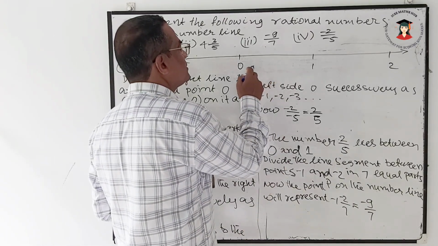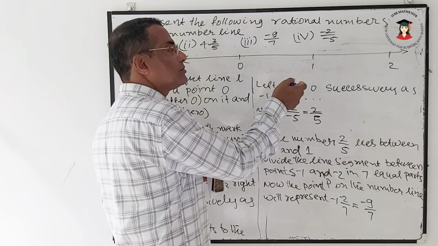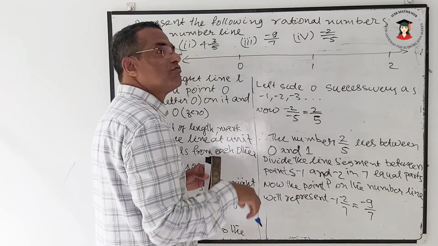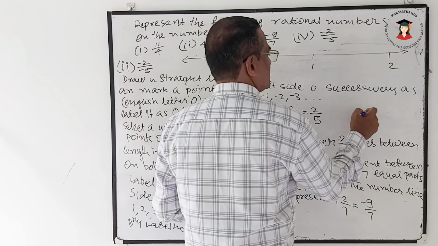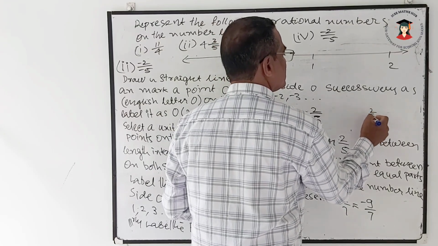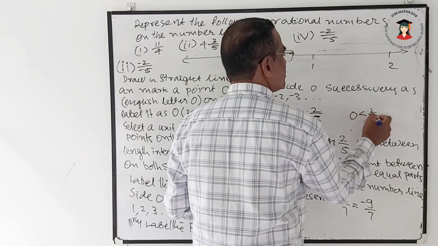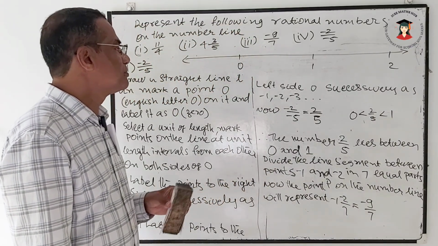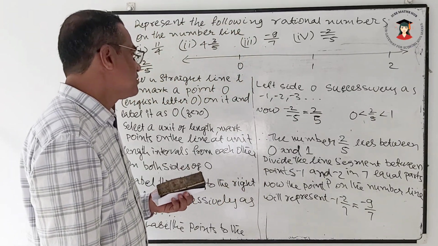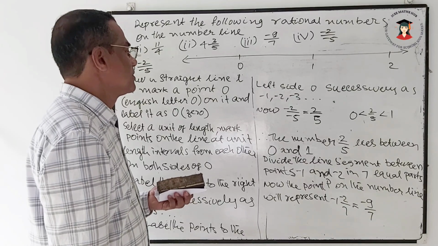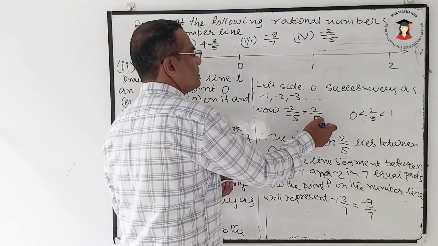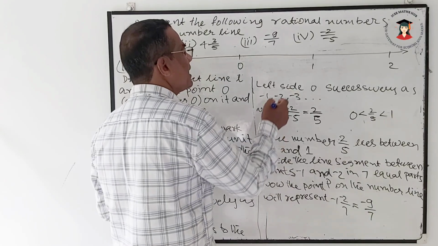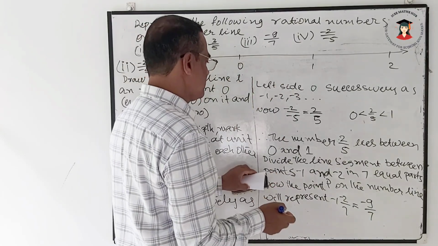That means it is greater than 0. At the same time it is less than 1. 2 by 5 is greater than 0, but it is less than 1. So the number lies between 0 and 1. Now divide the line segment between 0 and 1 into 5 equal parts.